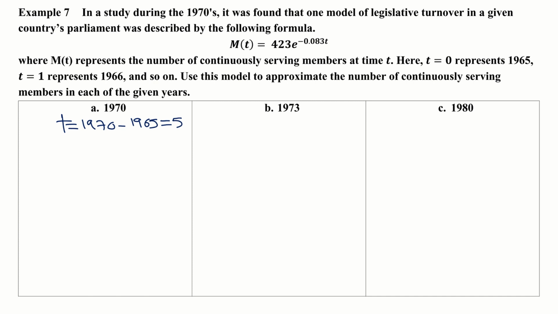So essentially you're finding M of 5, which is 423 e to the negative 0.083 times 5. One of the things in this type of problem that gets people is simply putting it into the calculator. You have to be careful when you do that.